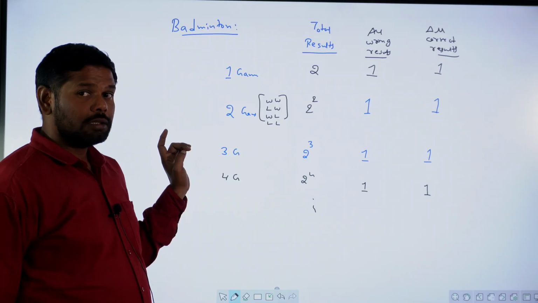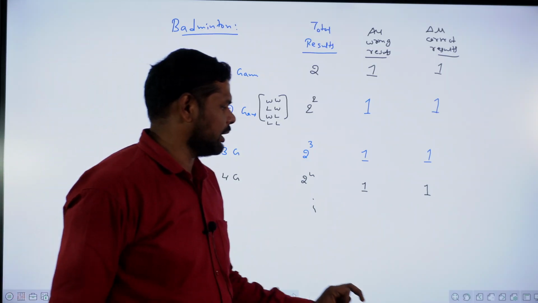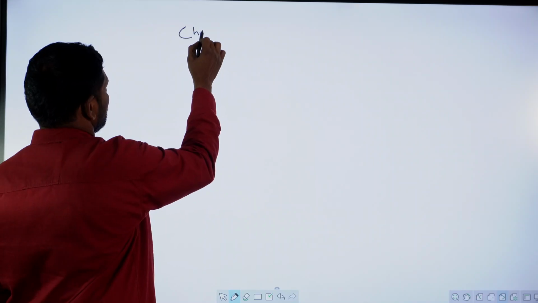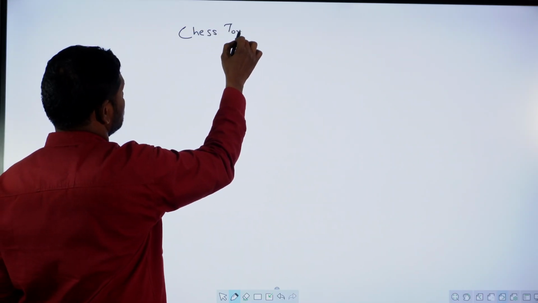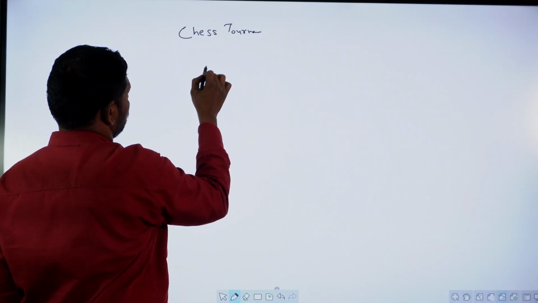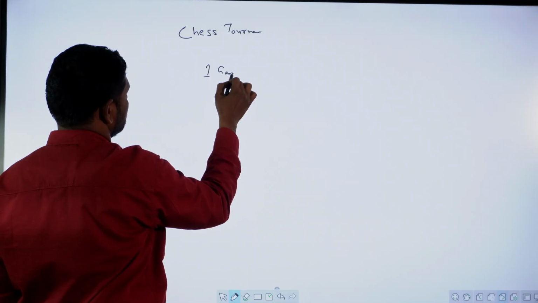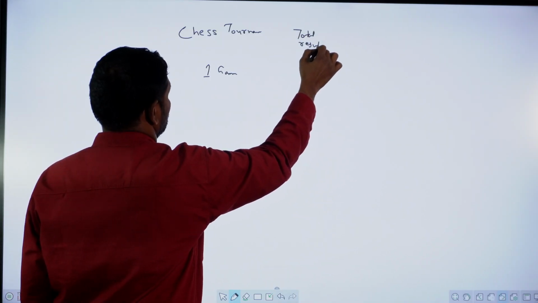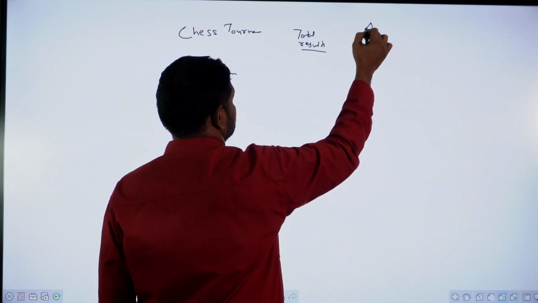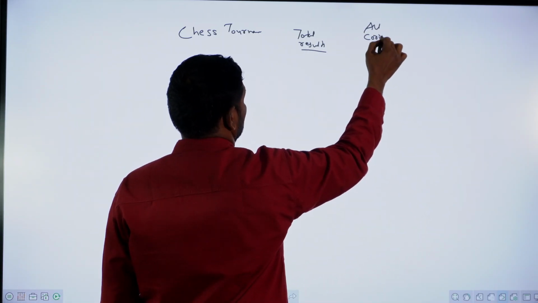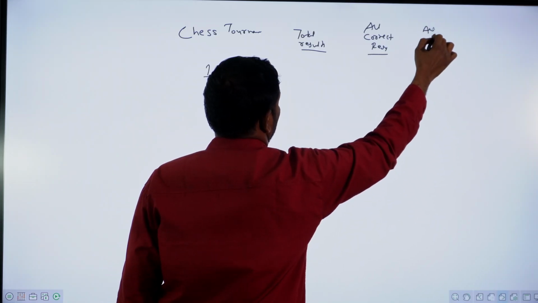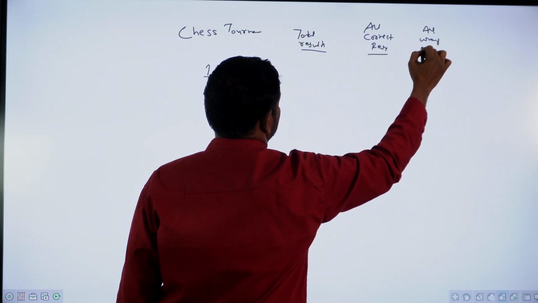Yes, clear? Suppose it is a chess tournament, now we go further. If only one game is there, then how many are the total results, all correct results, and all wrong results?